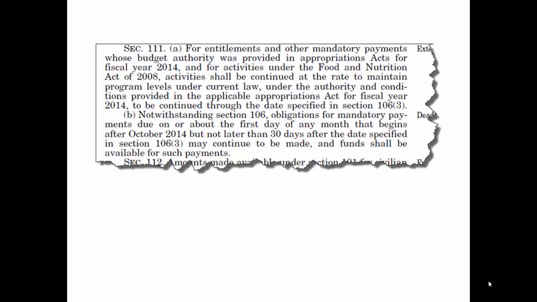So looking at the previous year's appropriation for these accounts would not be particularly helpful. You would need to find out the latest estimates, probably those published in the mid-session review of the current year's budget. Taken together, Sections 101 and 111 help answer the basic question, how much is being appropriated?